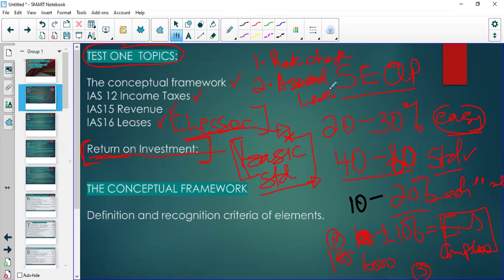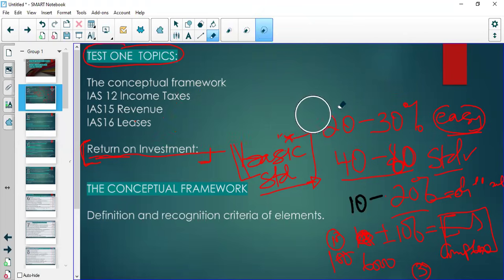You know, those are a bit complex, a bit difficult for most students. And you may not have to spend so much time grappling with that, but as much as you'd spend time tackling current tax calculations, which is the basic and the standard.